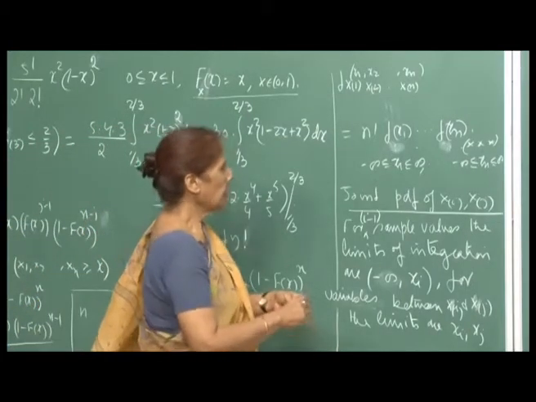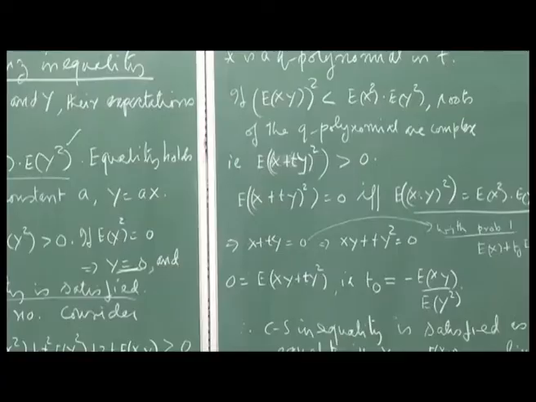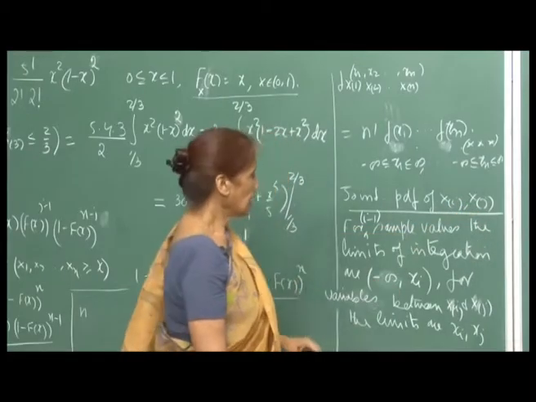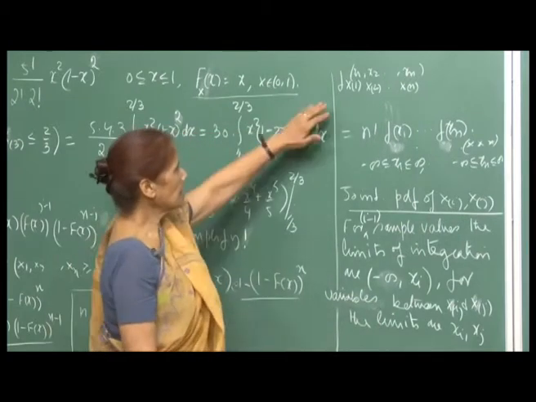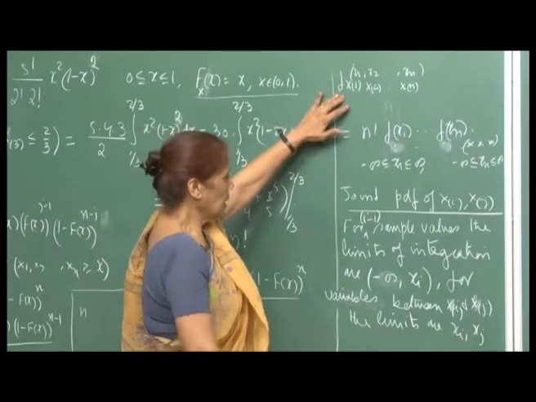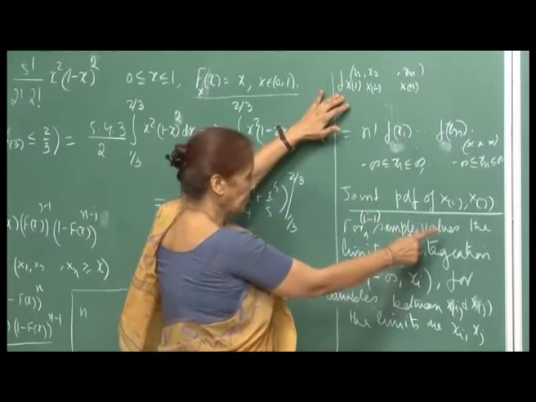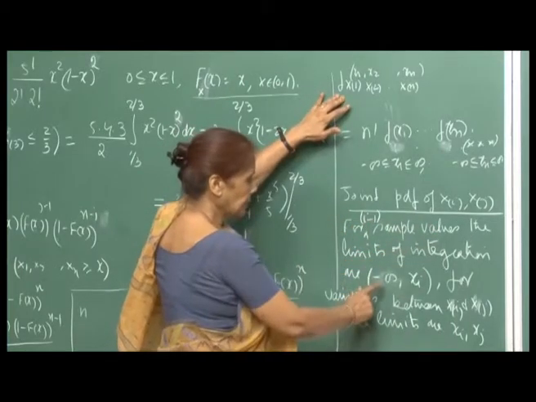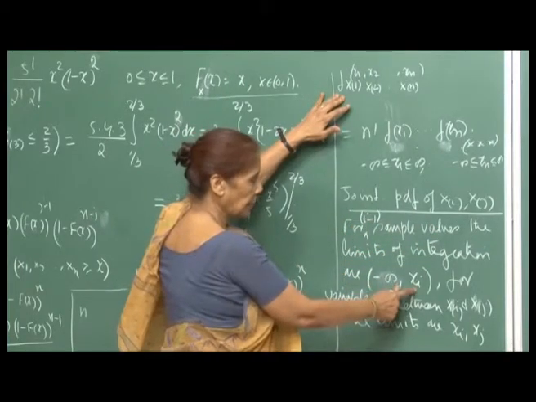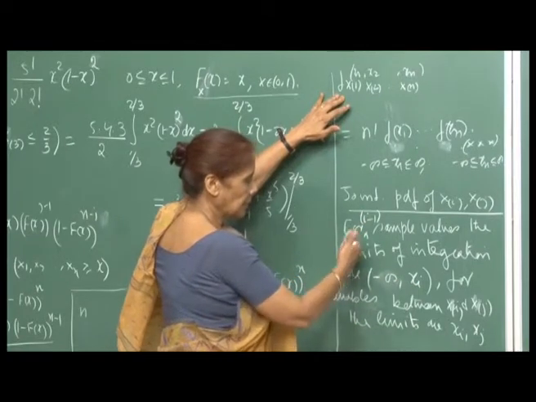Okay. So, now to find the joint PDF of x i and x j, I will integrate this. For i minus 1 sample values, the limits of integration will be from minus infinity to x i, because i minus 1 of them have to be less than or equal to x i.